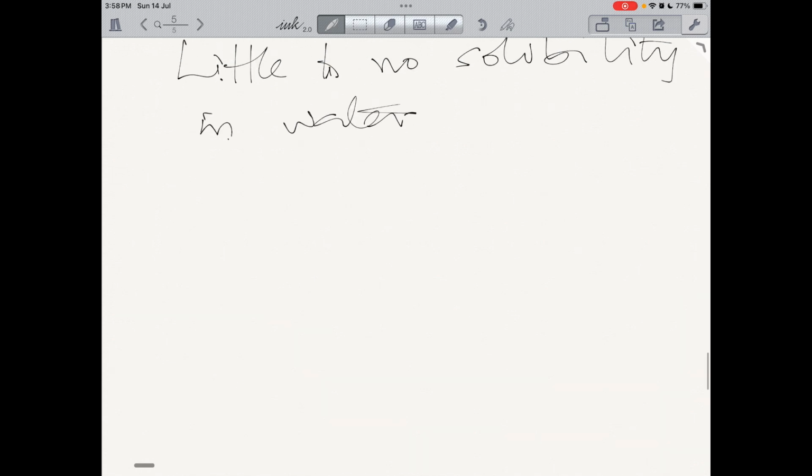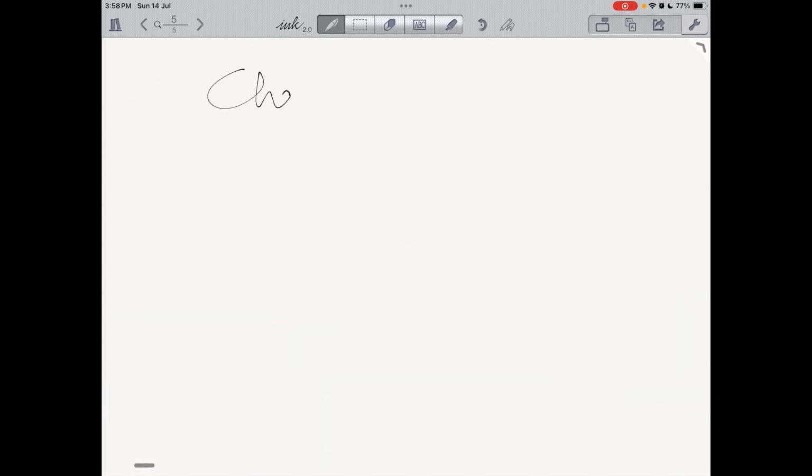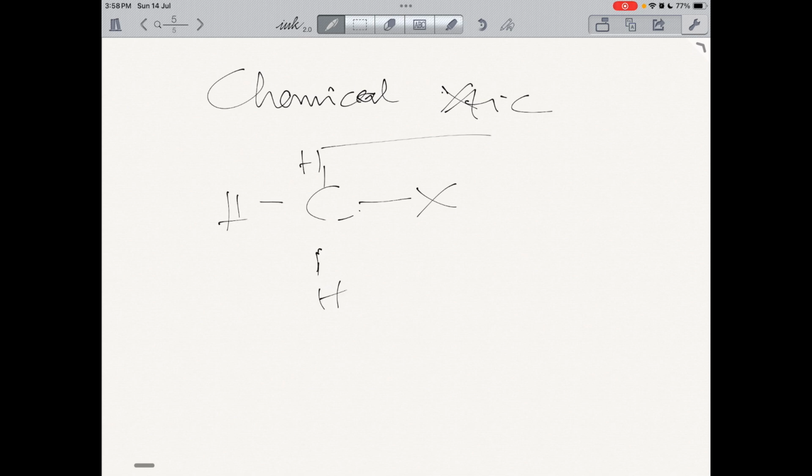And finally, I want to touch on a chemical characteristic of alkyl halides. Because of the effect of the halogen on the carbon, which is delta positive, and the halogen delta negative, alkyl halides have a positive center.